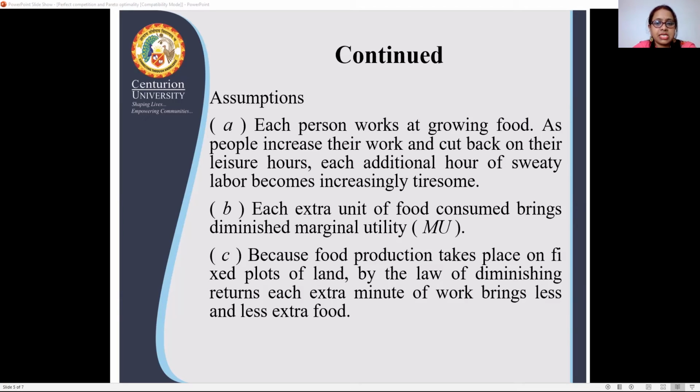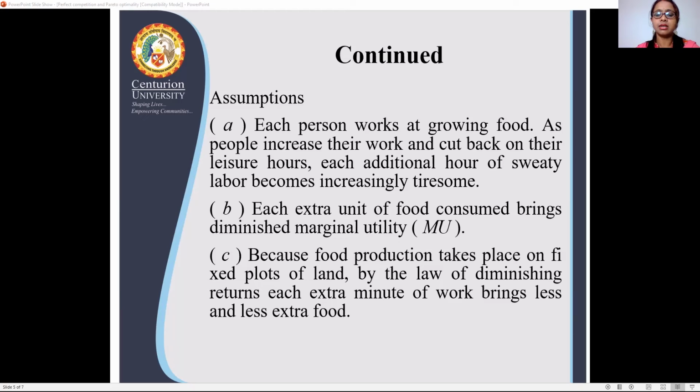The second assumption is that each extra unit of food consumed brings diminishing marginal utility. As more food is produced and consumed, diminishing marginal utility operates. And assumption three: because food production takes place on fixed plots of land, by the law of diminishing returns each extra minute of work brings less and less extra food.